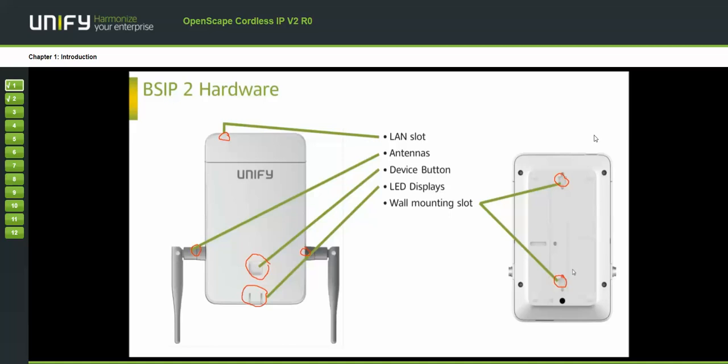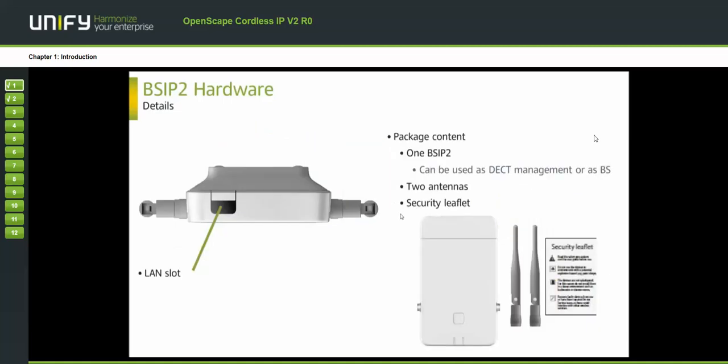Then we have even more details of the hardware. The LAN slot shown from the top view or bottom view, and the package contact. There's always one BSIP2, 2 antennas, and the security leaflet shipped within one box. The next chapter, per steps, discusses the basic steps you need to deploy such a system.